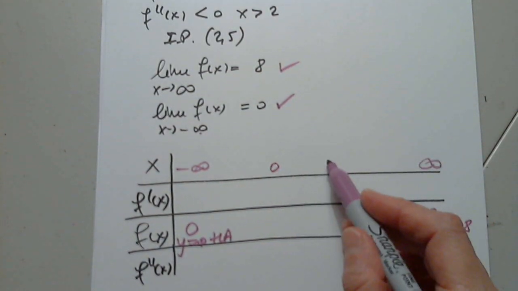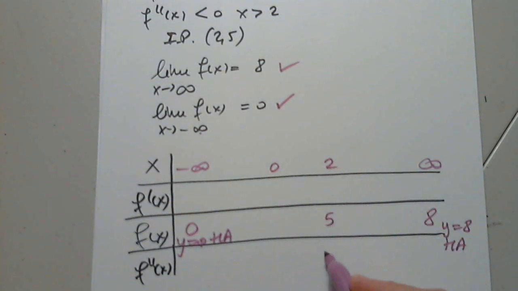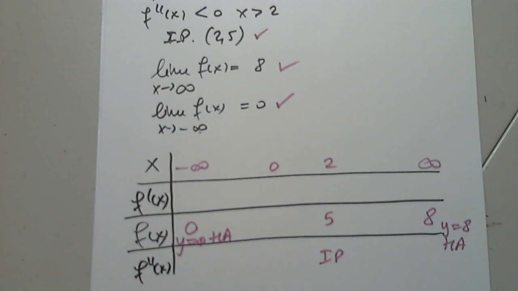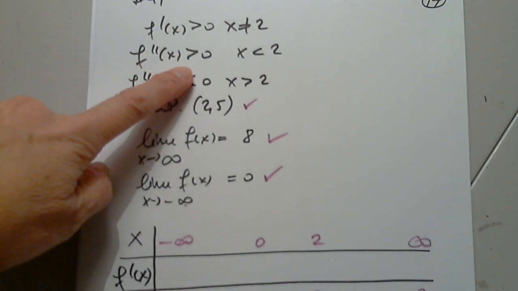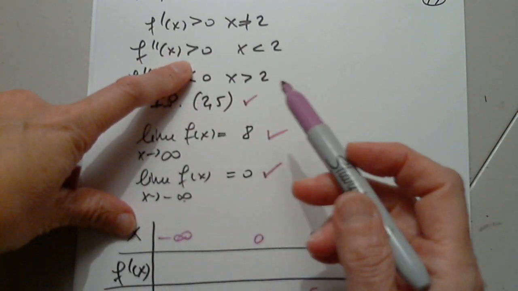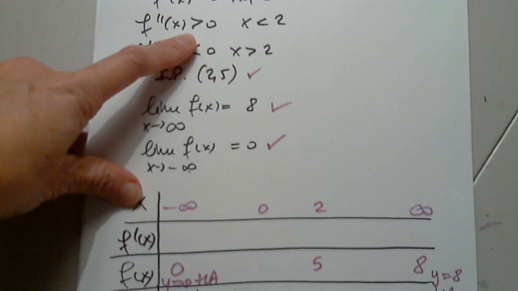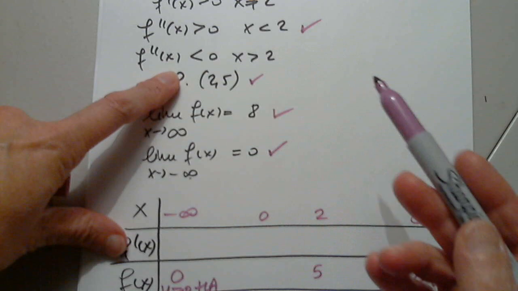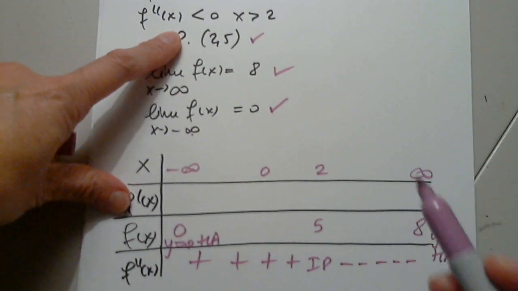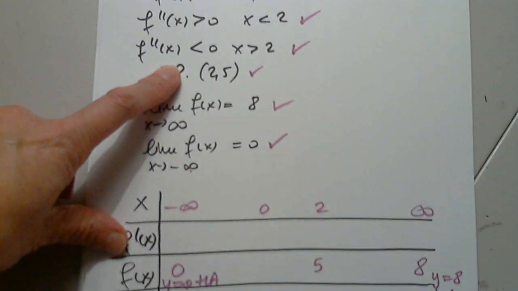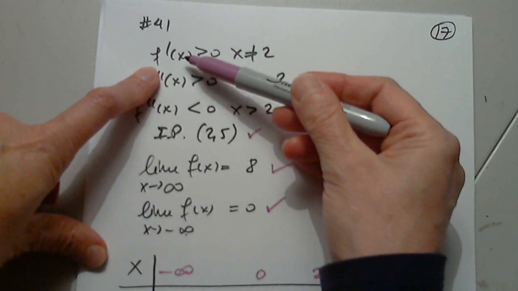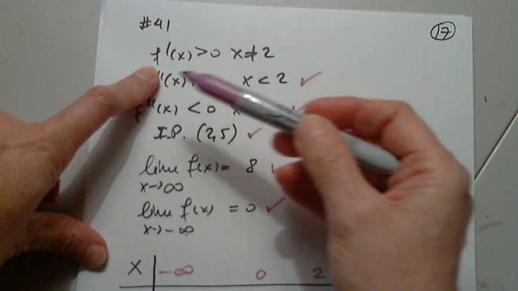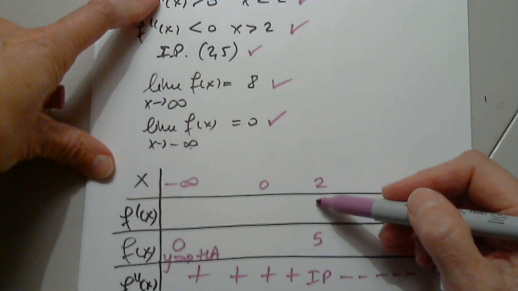Inflection point 2 comma 5, it's an IP. Done. The second derivative is positive to the left of 2. Done. It's negative to the right of 2. Done. Finally, the first derivative is positive everywhere except at 2.